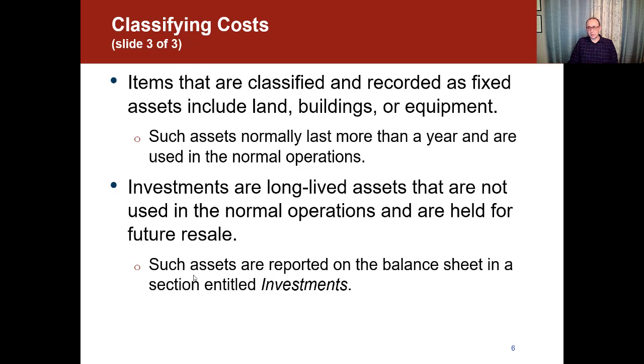Such assets are reported on the balance sheet in a section titled Investments. So let's say the company bought a warehouse, but this warehouse is not used in operations. They're just holding this warehouse and they're planning to sell it in maybe a year or two. That way it's an investment. It's not part of its operations, so they record it under the title investments.